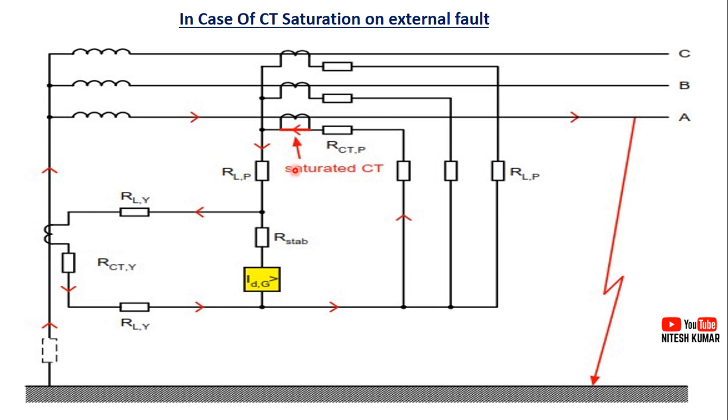In that condition, what will happen? This neutral CT current will be flowing here, but since we have used this stabilizing resistor, it will not follow this path, but will go like this. Since the impedance of the secondary of this CT becomes zero, it makes a closed path, and in that condition this relay will not operate in the case of CT saturation.